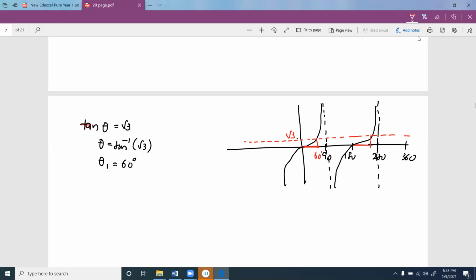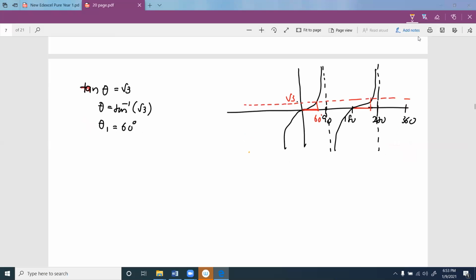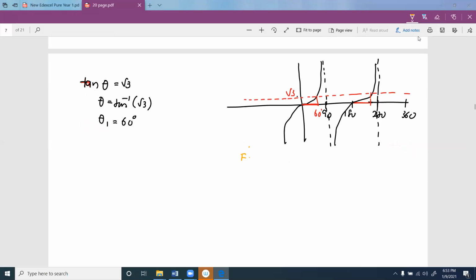Then you can use the same relationship as for sine and cos, for tan theta. For tan theta, if the first angle is alpha, the second angle you can see here is the same angle 180 more. So it turns out to be 180 plus alpha.